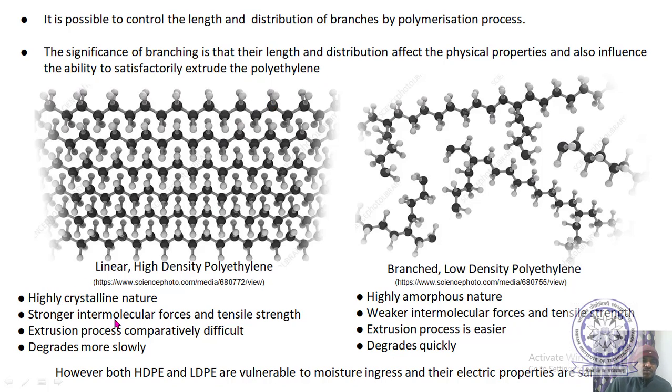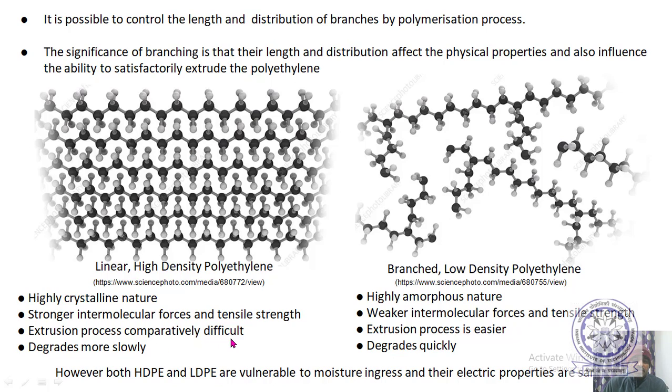For example, consider linear high density polyethylene like this, where all chains are like this, linear chains without any branching. In this case, it is highly crystalline in nature. You can see how systematic they are, like in a crystalline structure. Stronger intermolecular forces and tensile strength will be there for this kind of material.